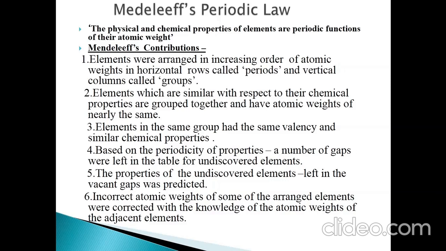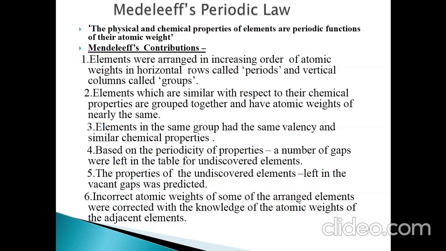Based on the periodicity of properties, a number of gaps were left for undiscovered elements. So he left the gaps for the undiscovered elements. The properties of the undiscovered elements left in the vacant gaps were predicted. So he had certain predictions about the undiscovered elements and the gaps which were left.